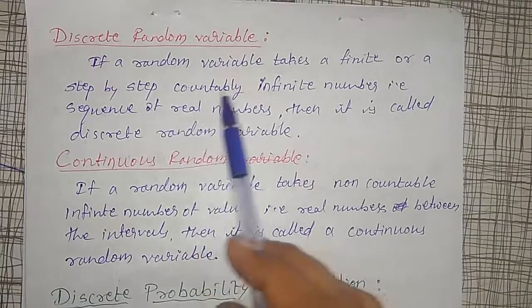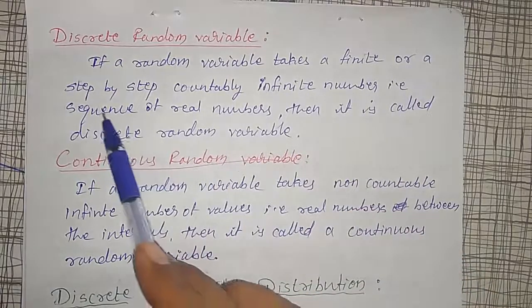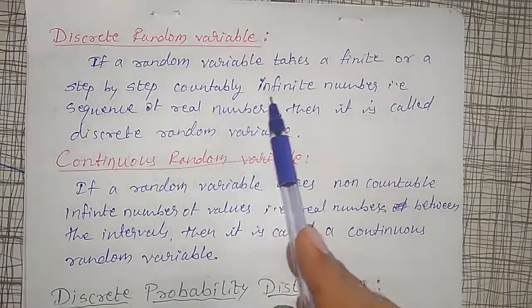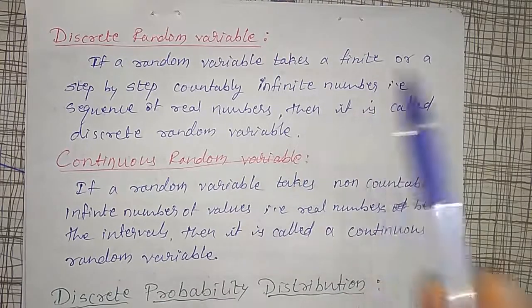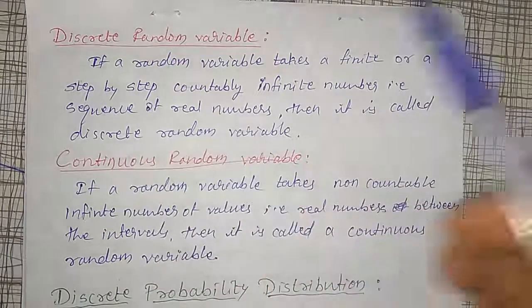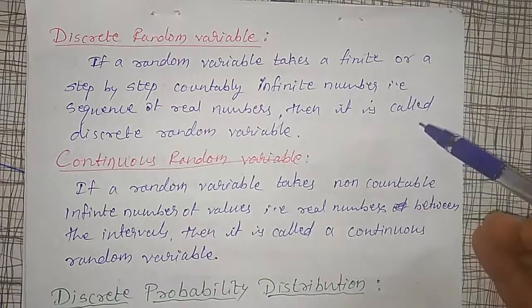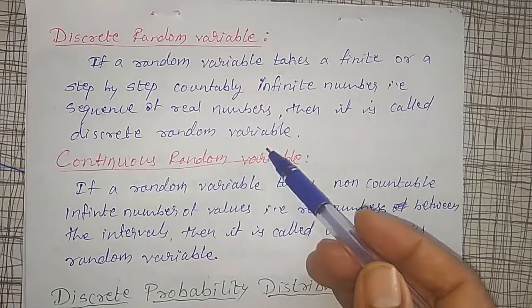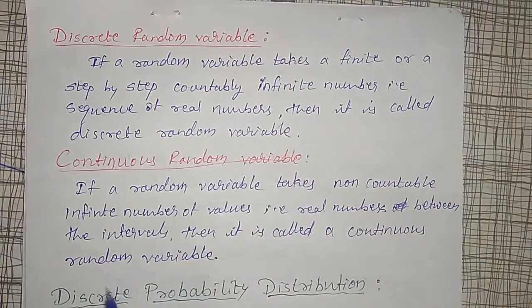If a random variable takes a finite or countably infinite number of values, step by step, 0, 1, 2, 3, a sequence of real numbers, then it is called a discrete random variable. For example, tossing of a coin.